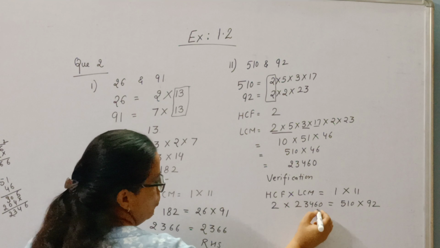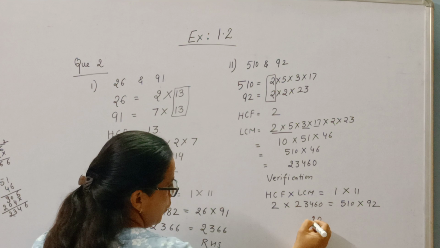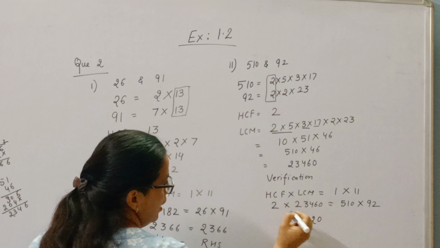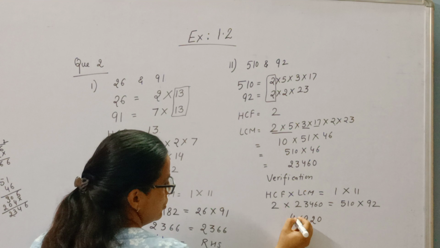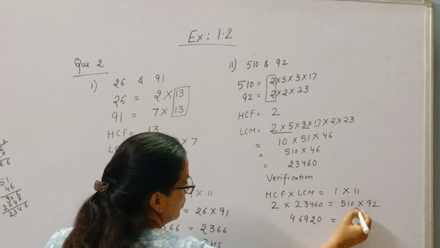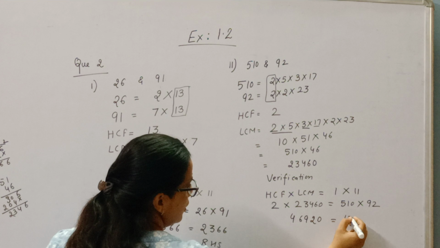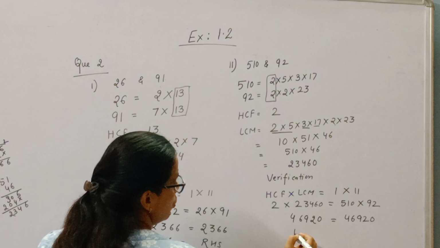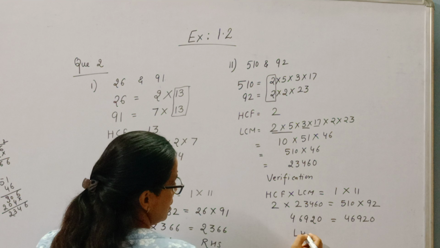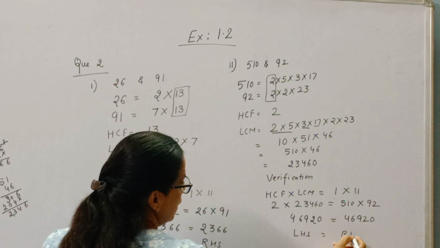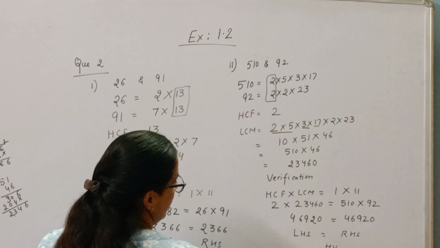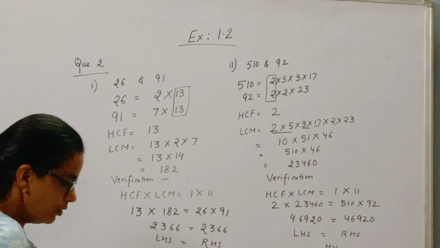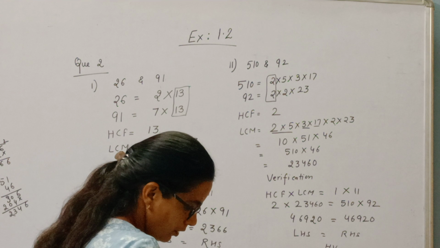Now multiply: 6 2s are 12, 4 2s are 8, 3 2s are 6, 2 2s are 4. It is 46920. Similarly, multiply the other numbers, and this will also come 46920. So the left hand side is equal to the right hand side, hence verified. Okay, so this is the verification.